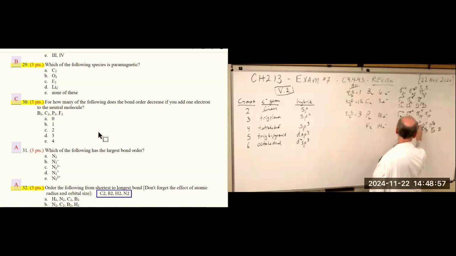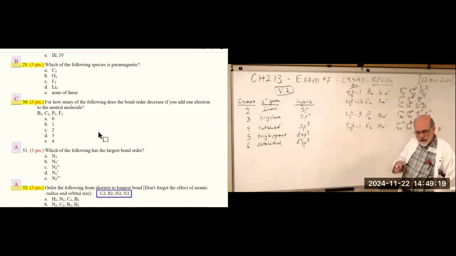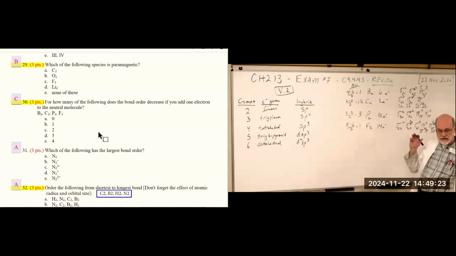And for this one, that should be 1. But it's 2, 4, 8. 8 minus 6 divided by 2. So that's 1. Okay. So the question is, if you add 1 electron, bond order decrease. If you're adding an electron and you want to decrease the bond order, you add an electron to an anti-bonding orbital.